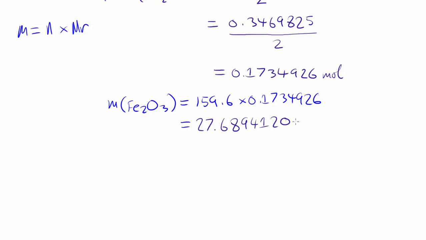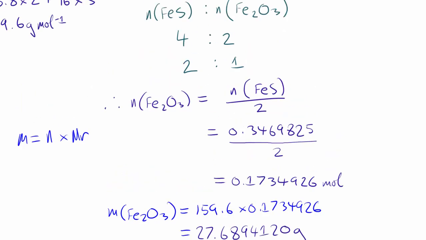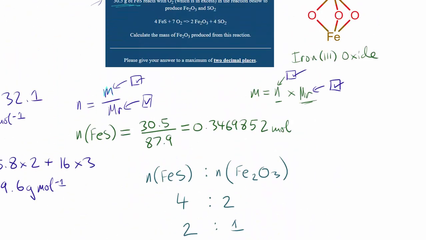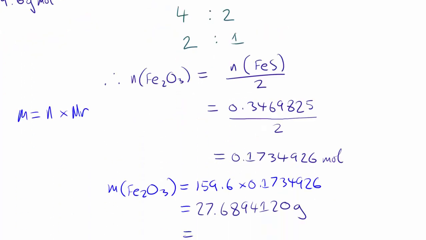27.6894120 grams. Okay, and now I'm going to round this. Why am I rounding it? Well, I'm rounding it just to be very clear on why I'm doing this step, right? I'm rounding it because the question asks me to give your answer to a maximum of 2 decimal places. So this is why I'm rounding it.